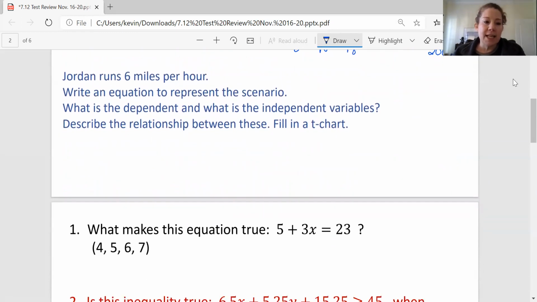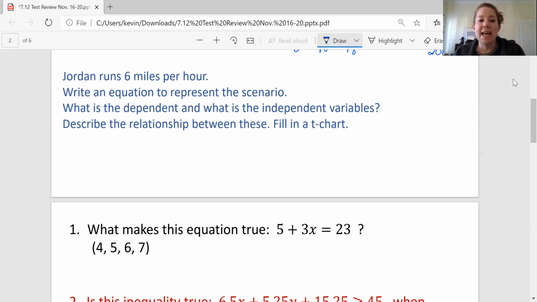So look at the next one. Jordan runs 6 miles per hour. Write an equation to represent the scenario. Since we have to have an equation, here we have two different quantities, miles and hours.